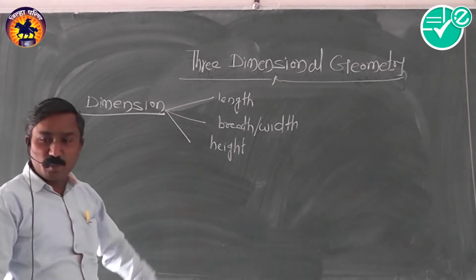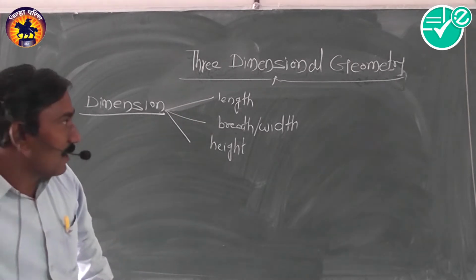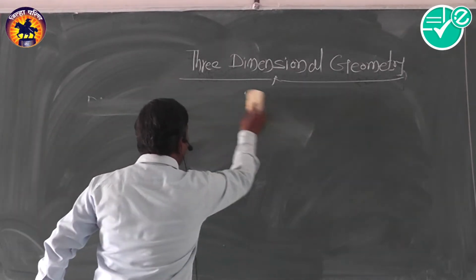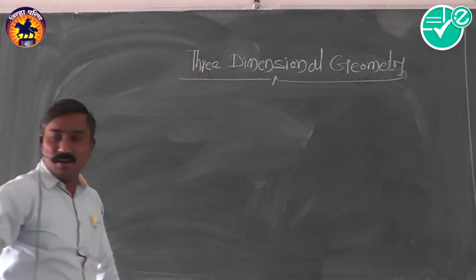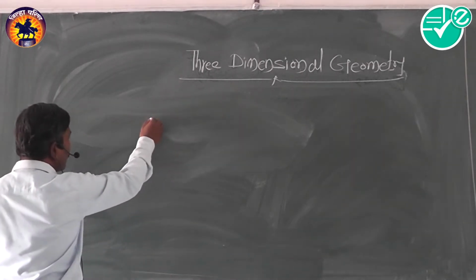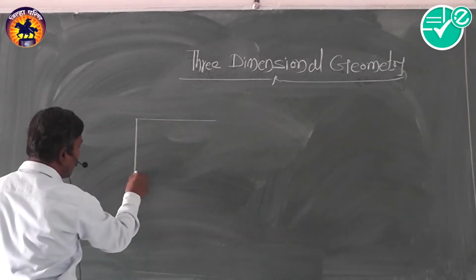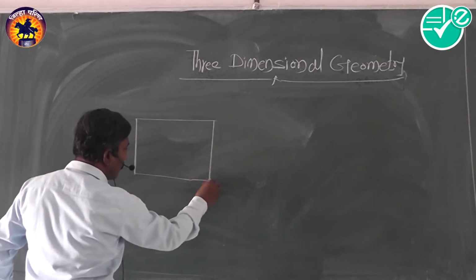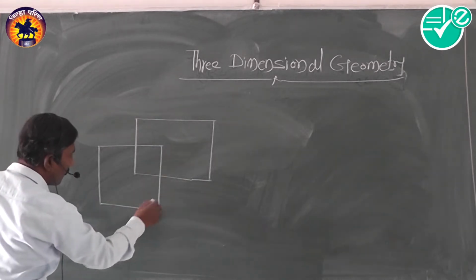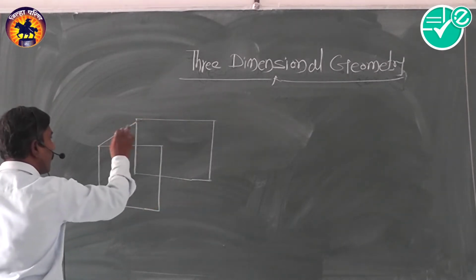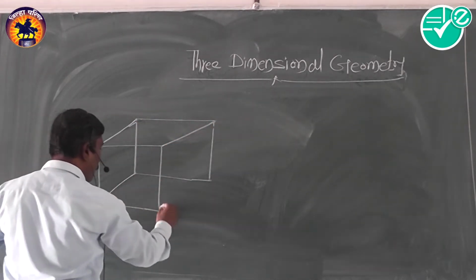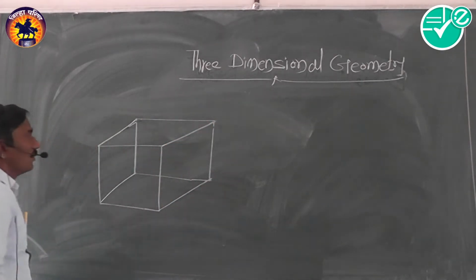So in three-dimensional geometry we have to learn, but before this we see some important dimensional figures. The first dimensional figure is the cuboid. Now this is the cuboid.